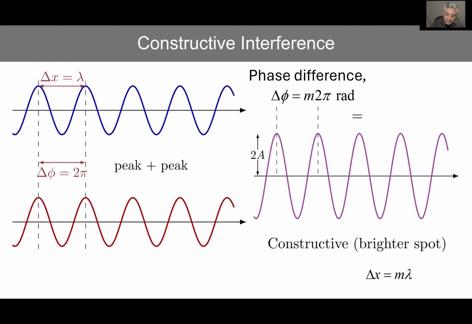Okay. So what you see here is a wave represented by the blue wave, and another one represented by the red wave. If we look here, the trough of this one is matching with the trough of this one, and the peak of this one is matching with the peak of that one.